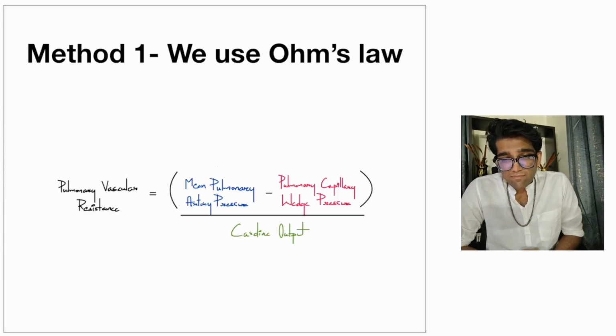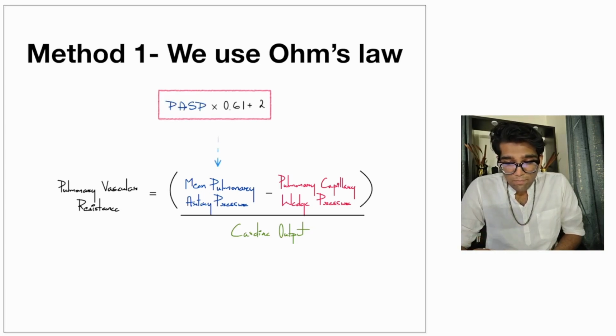The simplest, most intuitive way would be to use our hydraulic estimation of Ohm's law. That is, we can estimate the pulmonary vascular resistance as the difference between the mean pulmonary artery pressure and the pulmonary capillary wedge pressure, divided by cardiac output. We already know there are three equations for estimation of the mean pulmonary artery pressure.